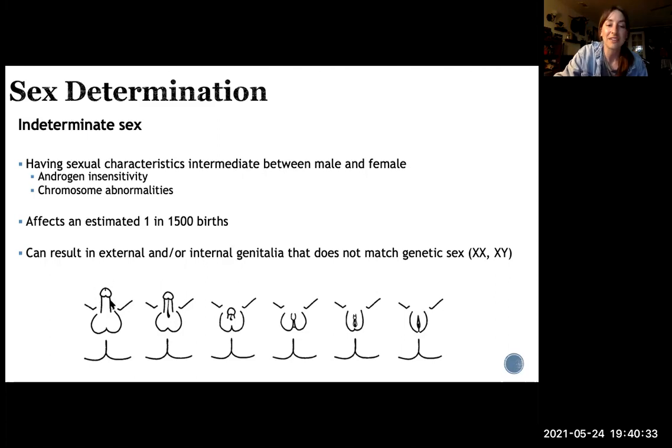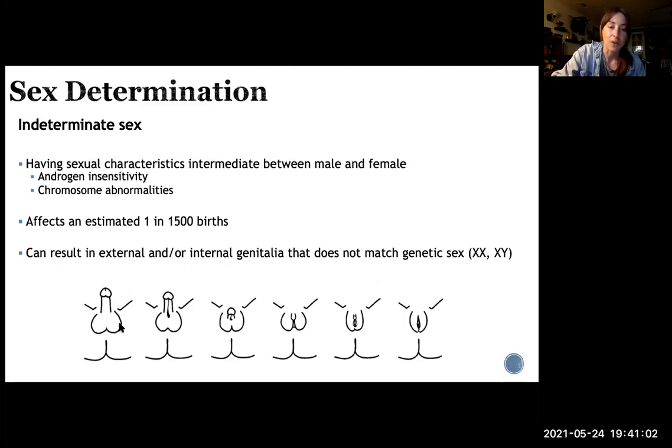And this also plays into what I'm going to talk about a little bit later, which I think is the most fascinating part of the reproductive system, which is that all of the structures in both male and female, external and internal genitalia, arise from the same structures. So the structure that becomes the head of the penis in males, the glans penis, becomes the head of the clitoris in females.